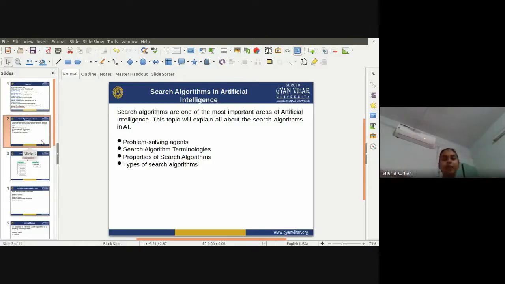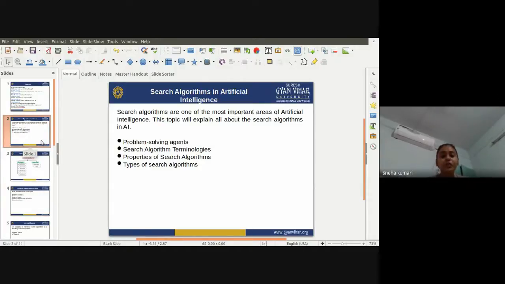When we have a very large space to search, we should think about where to start and where to end the search. The state where we start the search algorithm is known as the start state, and where this technique is over is known as the goal state.